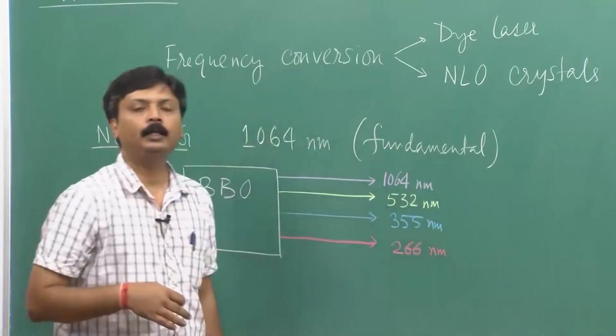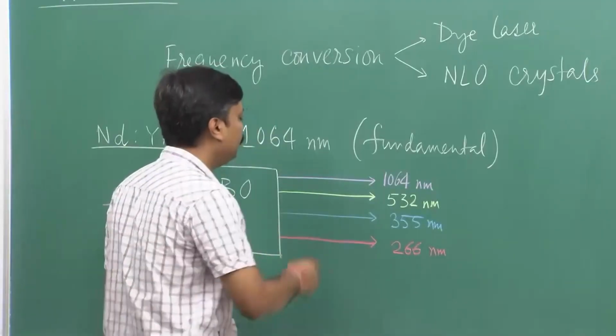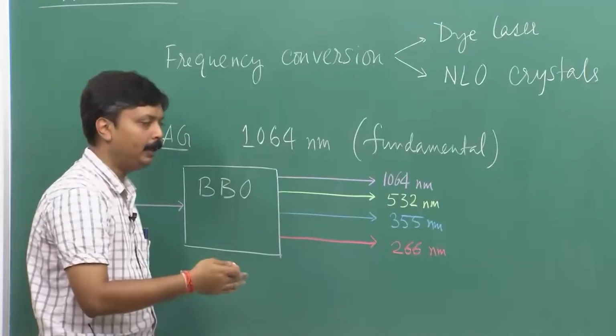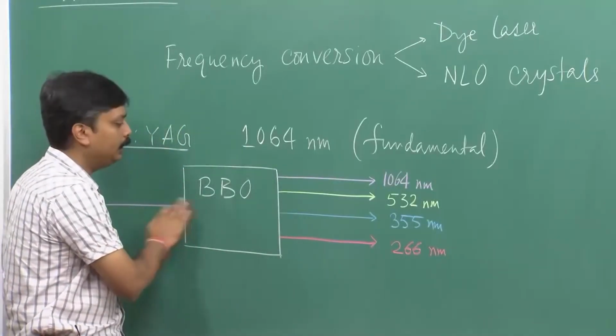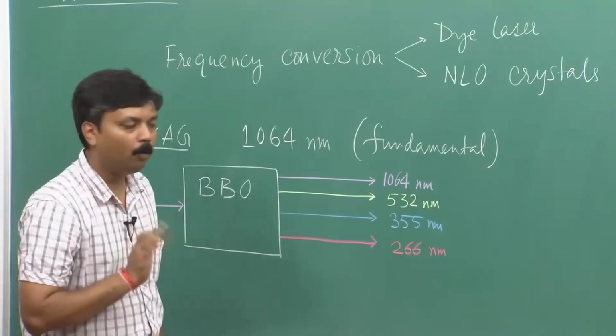It will always give rise to these same sets of wavelengths when an intense laser light passes through this kind of crystal, which we took as beta barium borate.